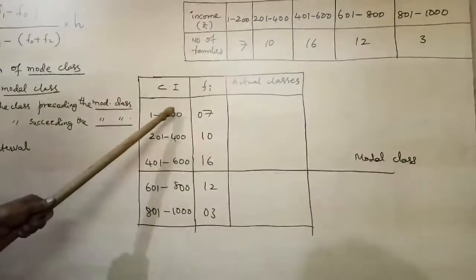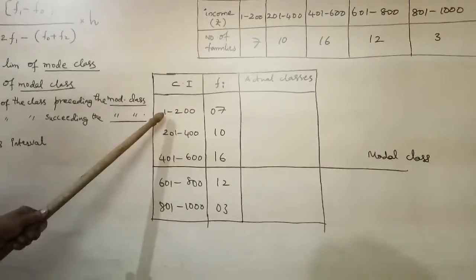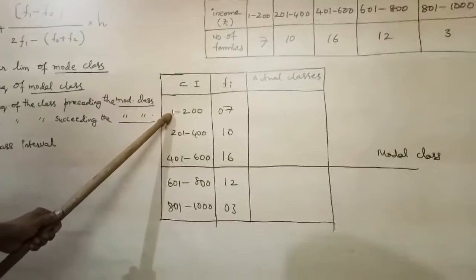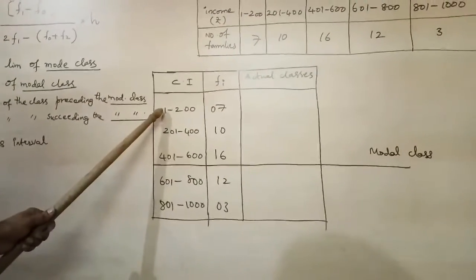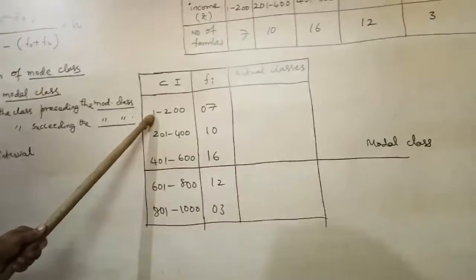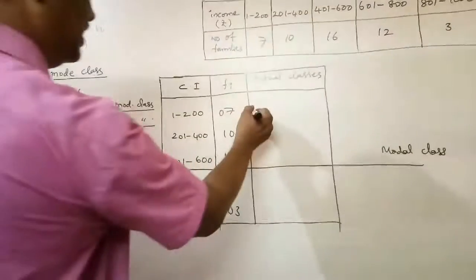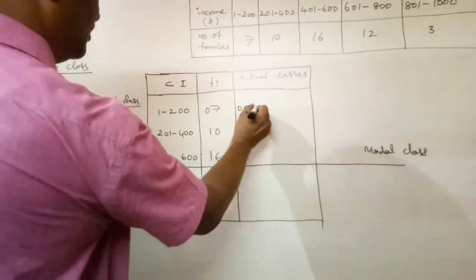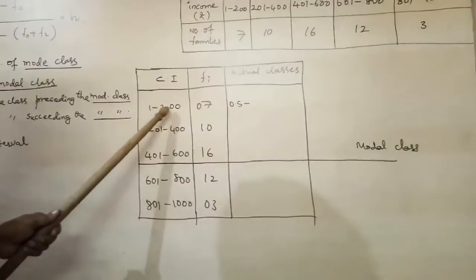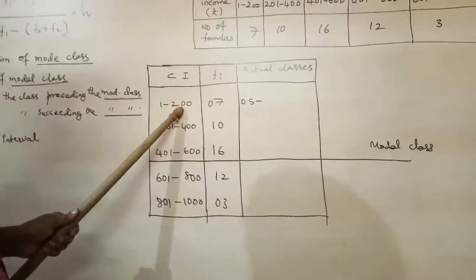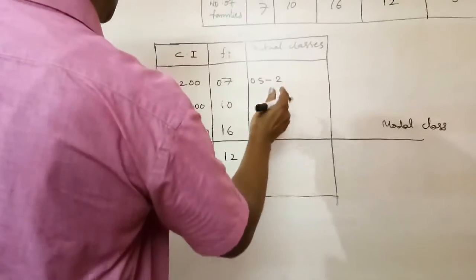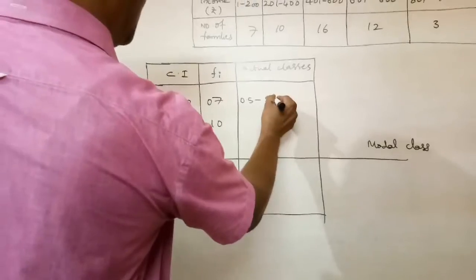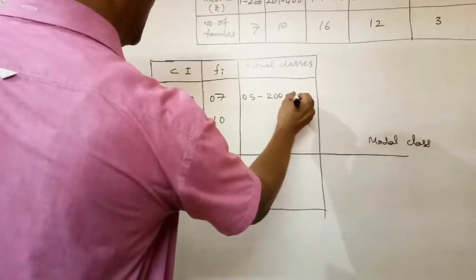To make them equal, I subtract 0.5 from each lower limit, so from 1 we get 0.5, and add 0.5 to each upper limit, so 200 becomes 200.5.